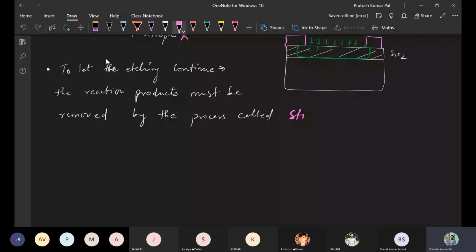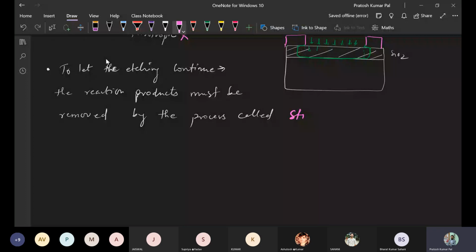So what is the advantage of this stirring? In wet etching, stirring is needed. The advantage is that it facilitates further etching.